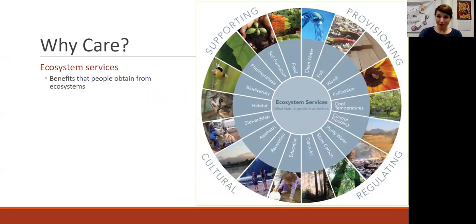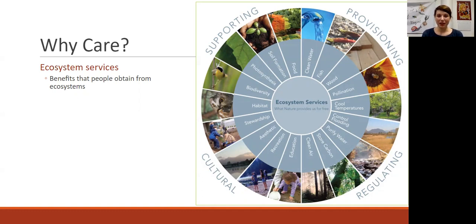So as a non-bio major, why the heck should you care about our ecosystem diversity? Turns out that there are a lot of services that the ecosystems provide to us that most of us take for granted in our daily lives. So these are just things that basically allow us to exist on the planet Earth.